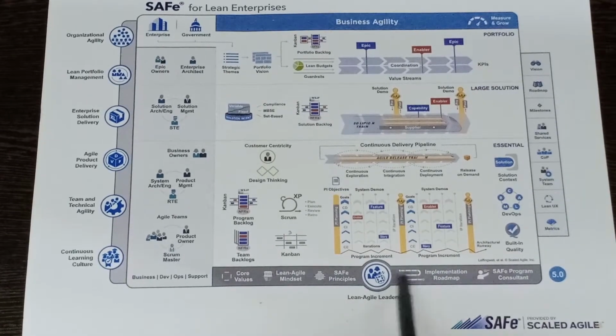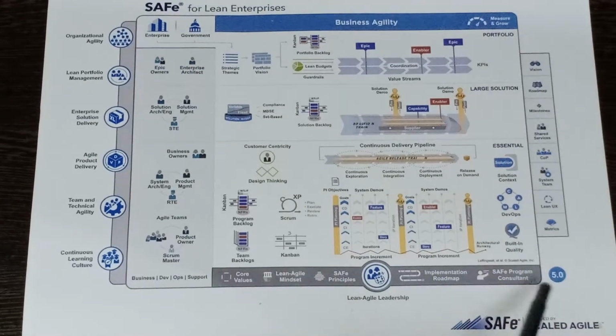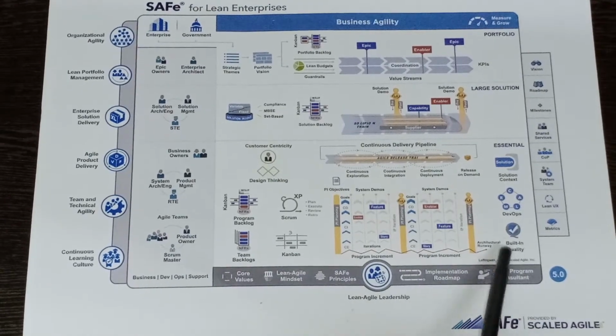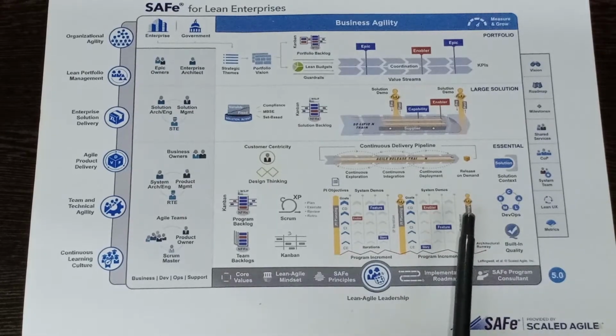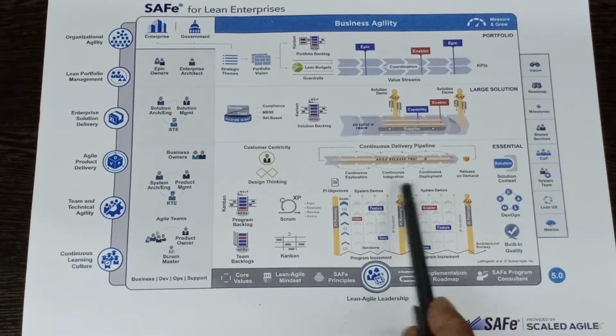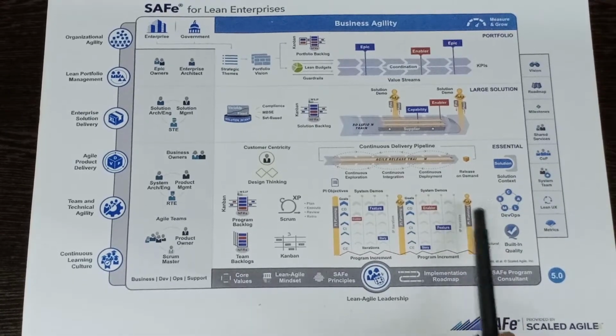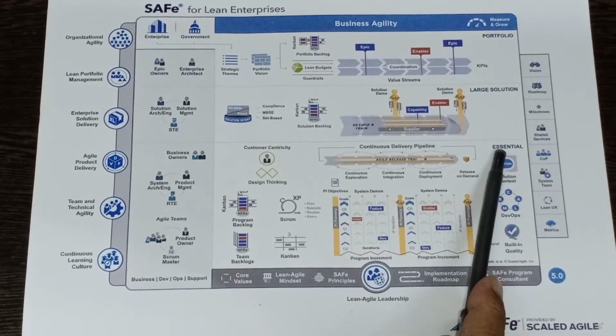So let's start. This is the 5.0 SAFe version. If you compare this with 4.6 SAFe, in 4.6 there used to be team and program level configurations, but in 5.0 both got merged, and we call that essential SAFe.